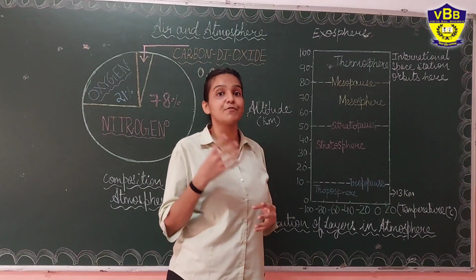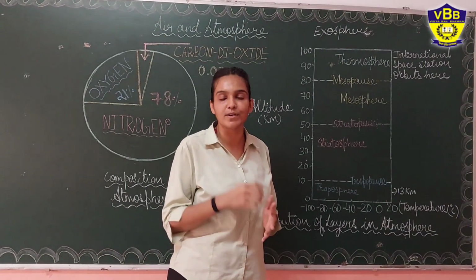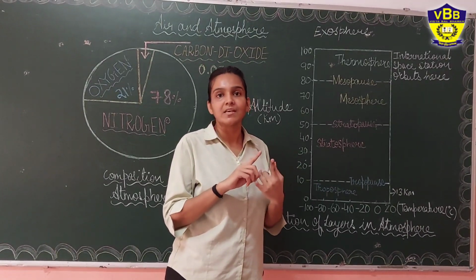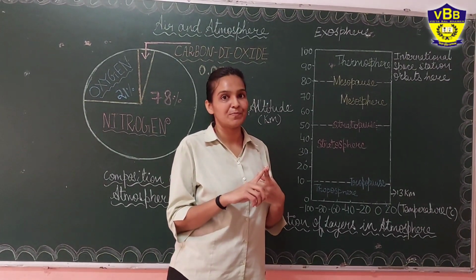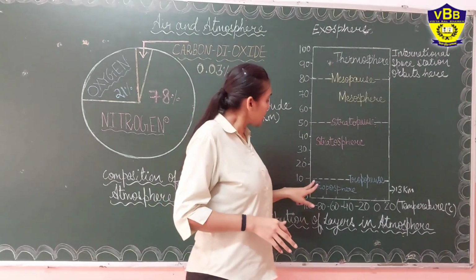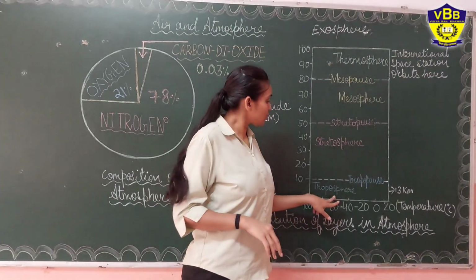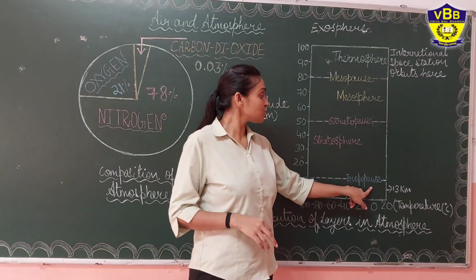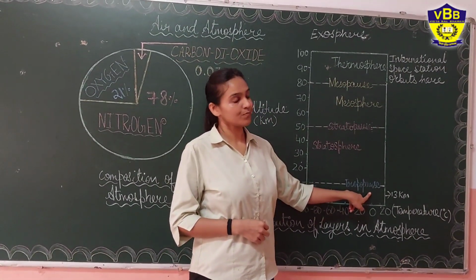Our weather and phenomena of weather are present here. What are the phenomena? Rainfall, fog, hail and snowfall. And they are present nowhere in other layers. The boundary between troposphere and the next layer, that is stratosphere, is known as tropopause.